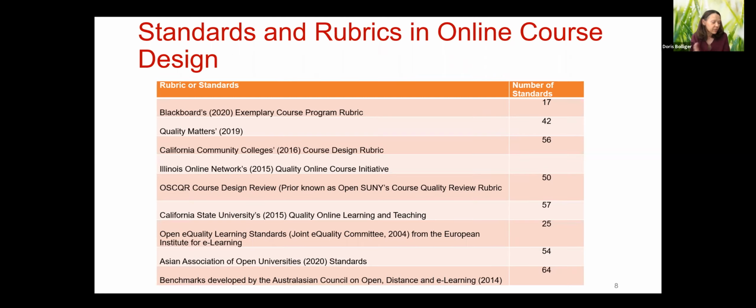So the Blackboard and the California and Illinois online network rubrics are very specific to design, whereas some of them, like I said, might be more of a broader overview for all of the different things tying into the strategic plan of a university or university systems or partnerships and what have you. All of these rubrics, I want to mention, are design. What is their purpose?